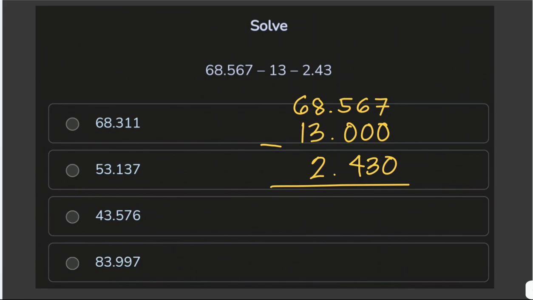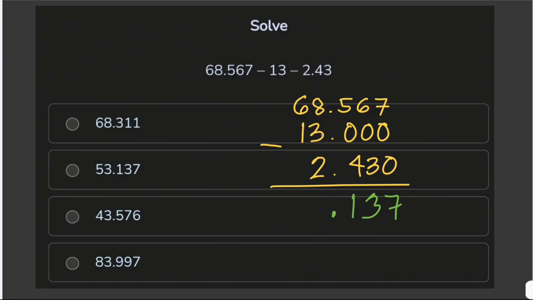We can now subtract the numbers normally. So 7 minus 0 is 7. 6 minus 0 is 6. Then 6 minus 3 is 3. 5 minus 0 is 5. 5 minus 4 is 1. And then we put the decimal point there.